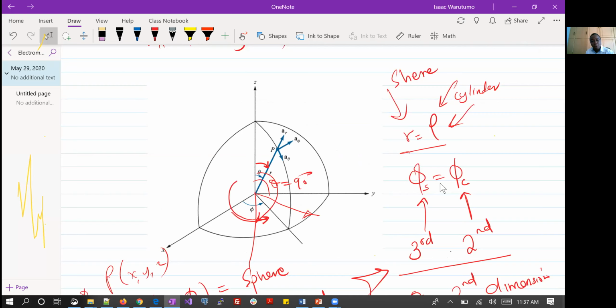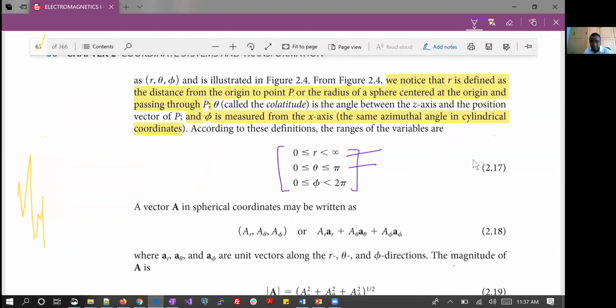If you are going up, you are going the reverse of theta, and therefore it will be negative theta. So the maximum limit of theta is 180 degrees or pi. This is the one you needed to be aware about.